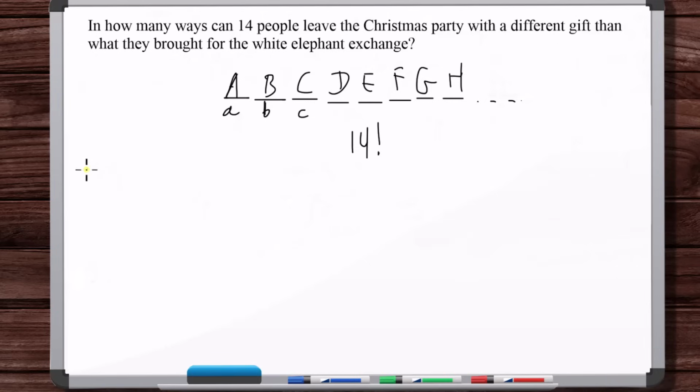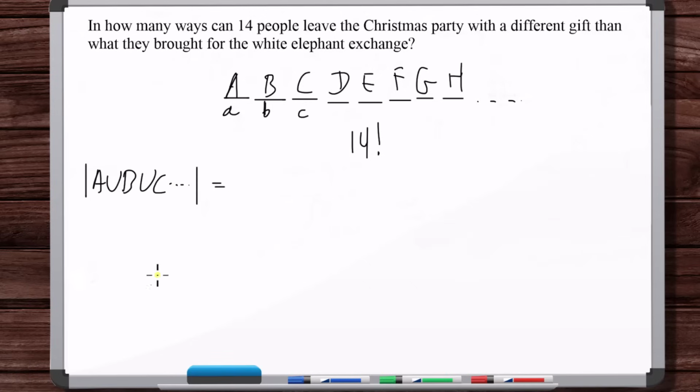Set A, set B, set C are only the outcomes where person A has their own gift, and set B is the outcomes where, no matter what else, person B has their own gift.